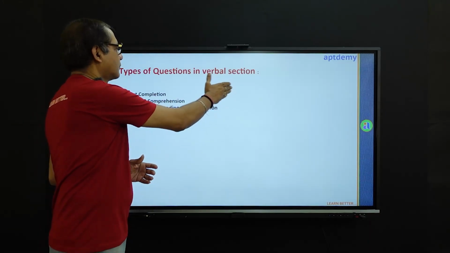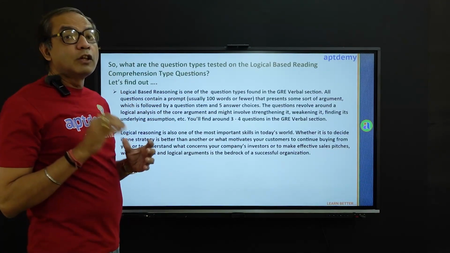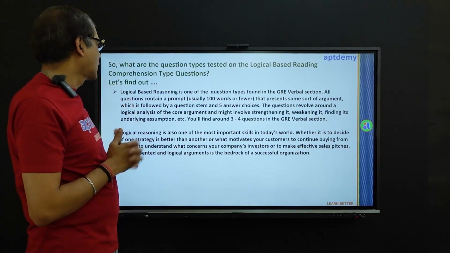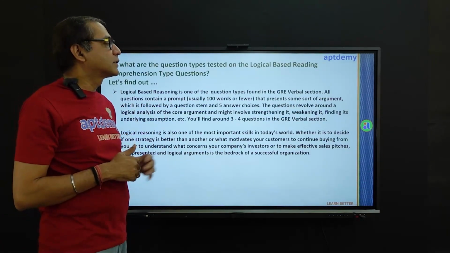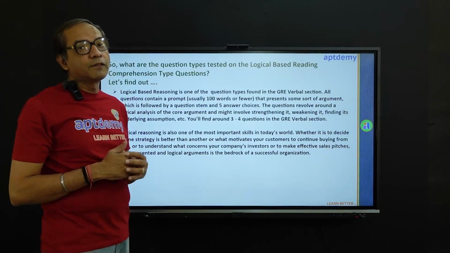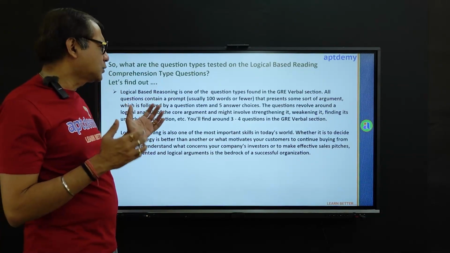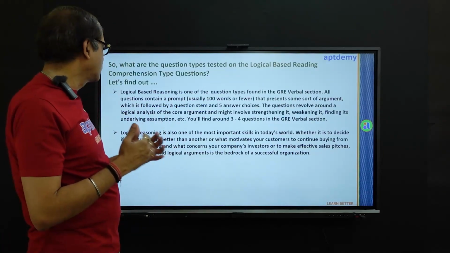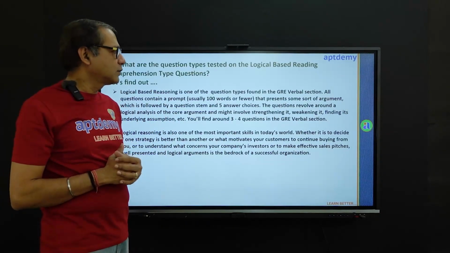So let's move on. So what are the question types tested on the logical based reading comprehension type questions? Let's find out. So logical based reasoning is one of the question types found in the GRE verbal section. All questions contain a prompt, usually like 100 words or fewer, that presents some sort of argument which is followed by a question stem and 5 answer choices.